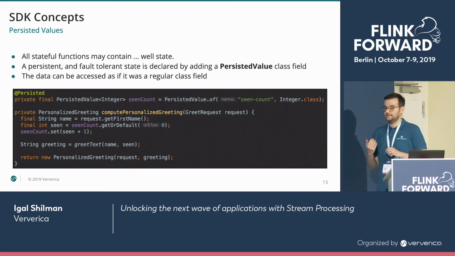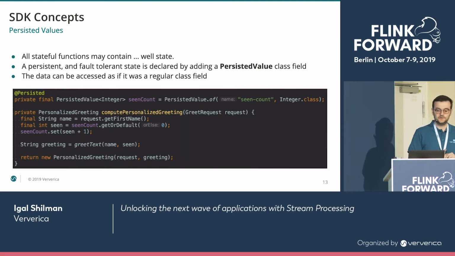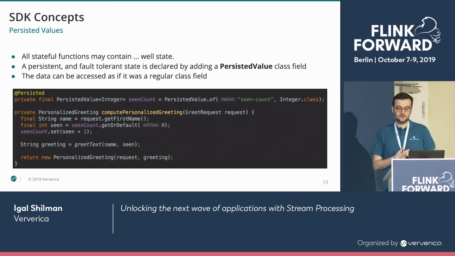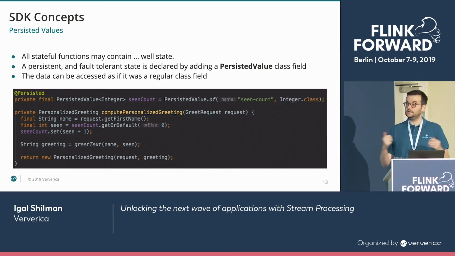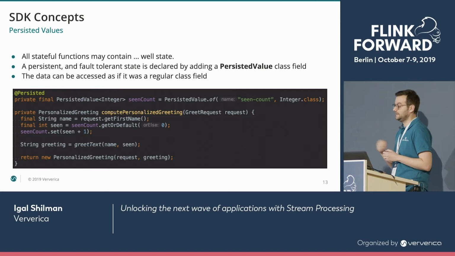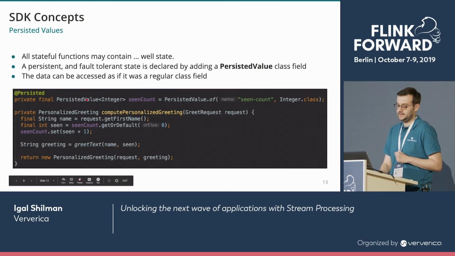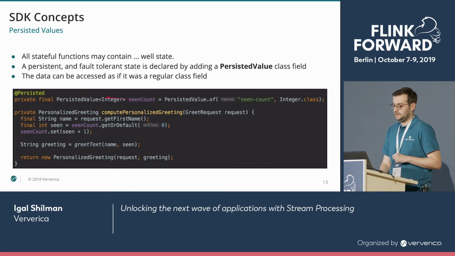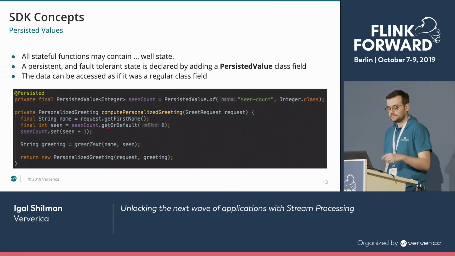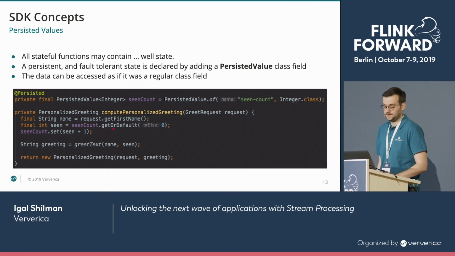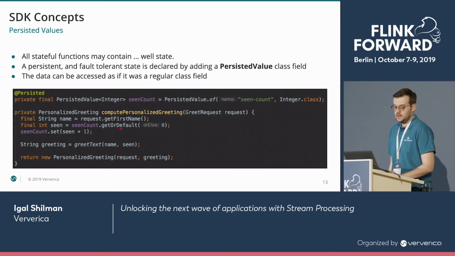So we keep saying it's a stateful thing, but let's actually talk about state. The way to define state is that inside your stateful function, you define a persisted value field, and you can use that field as if it was a normal field inside the methods of your stateful function.